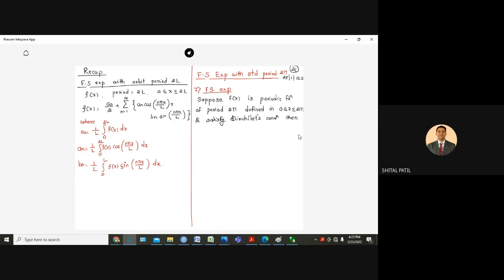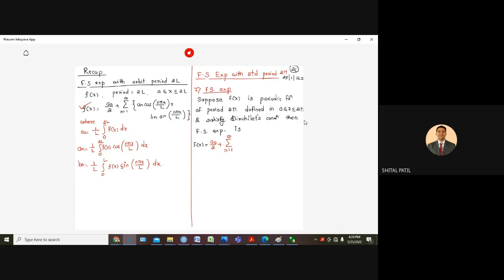Then Fourier series expansion is f of x equal to a naught by 2 plus summation n equal to 1 to infinity. See the formula on the left side.